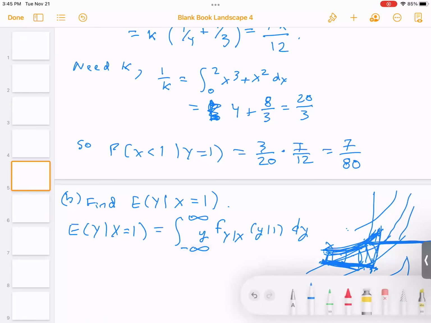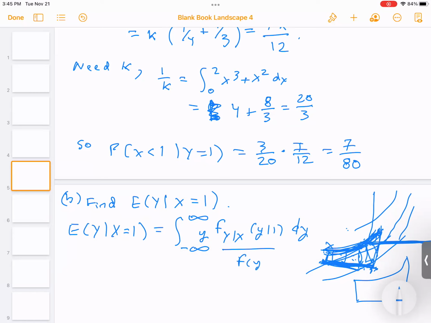Makes sense? Along this, this here is this density, but normalized so that it integrates to 1. You can see that, right? Because what is this now? This is just f, y. Oh, y doesn't go first.